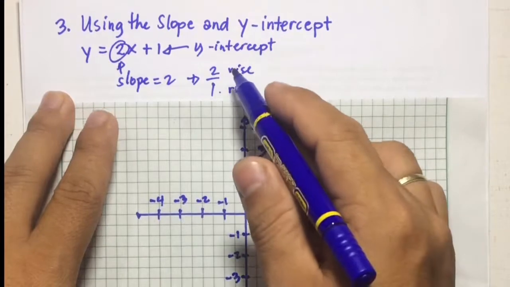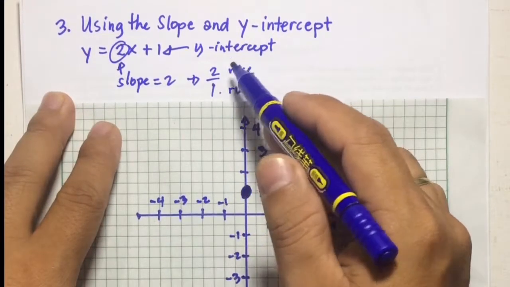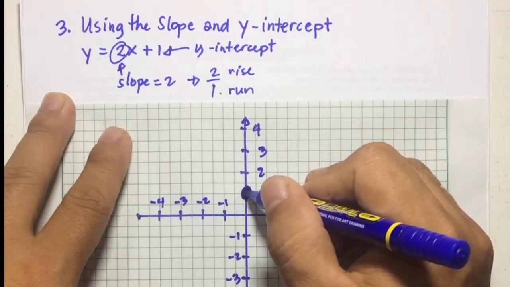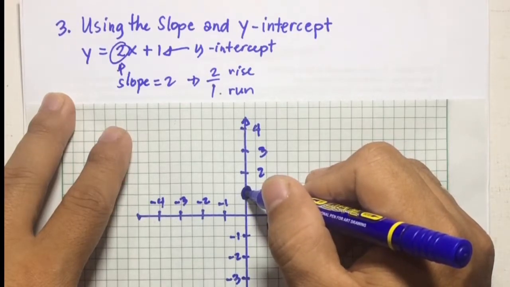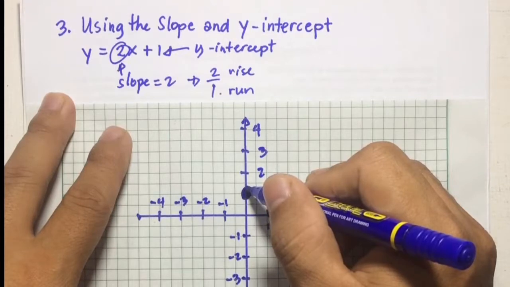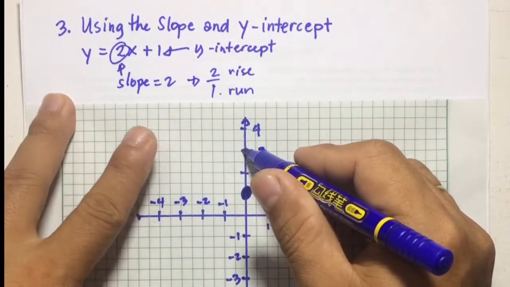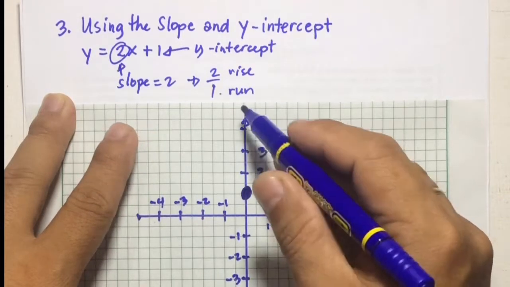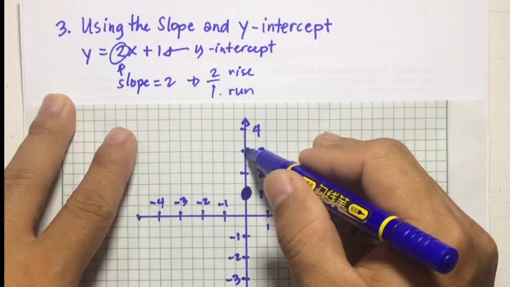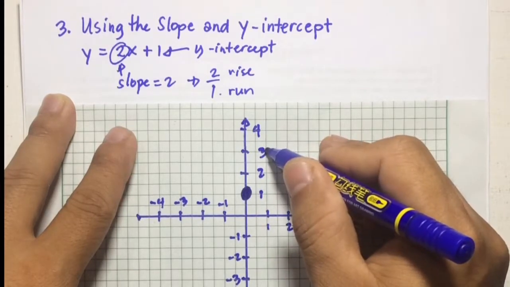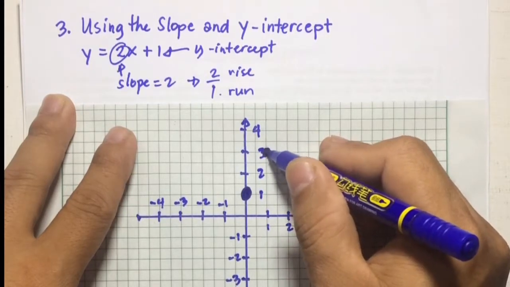So the slope is 2, so rise is 2 and run is 1. We're going to have here the starting point, the y-intercept, then the rise is 2, so we're going to count 2 units up, so 1, 2, then the run is 1, so we're going to take 1 step or 1 unit to the right, so 1. So this will be the next point here.